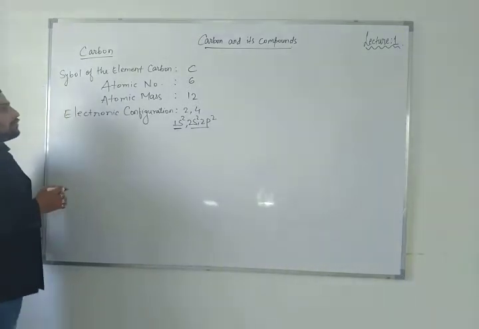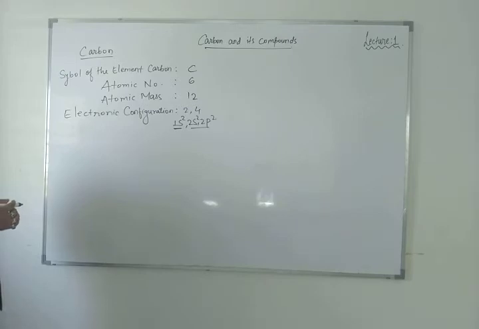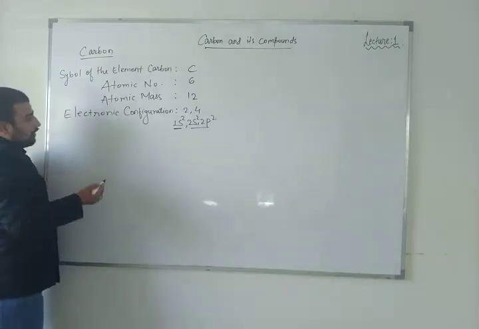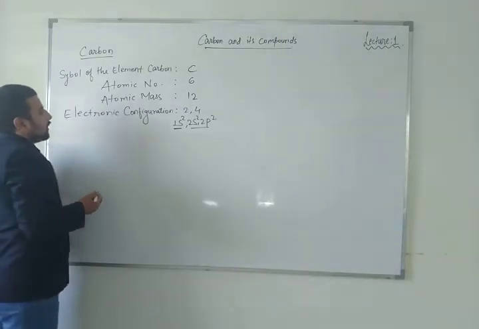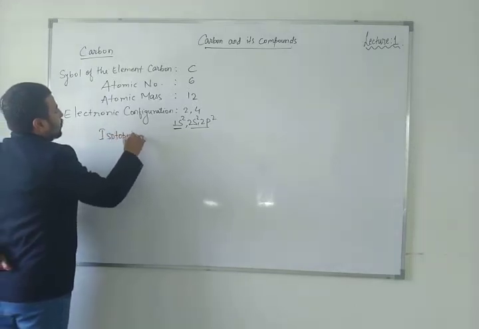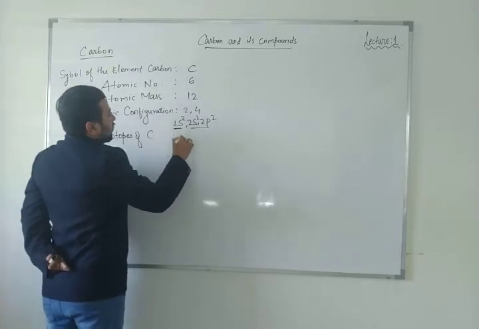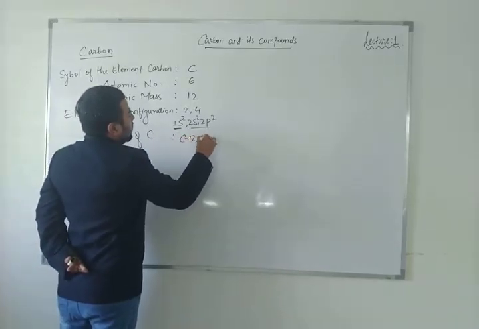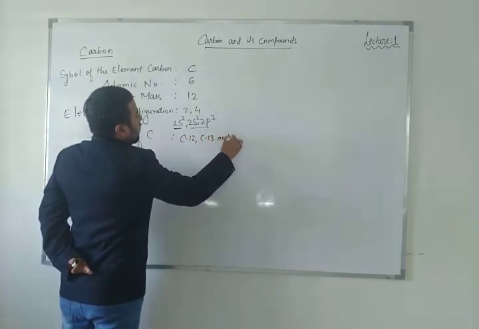After that, if I talk about the carbon occurrence, in which form carbon occurs in nature, I especially talk about the isotopes of carbon. Isotopes of carbon are C12, C13 and C14.